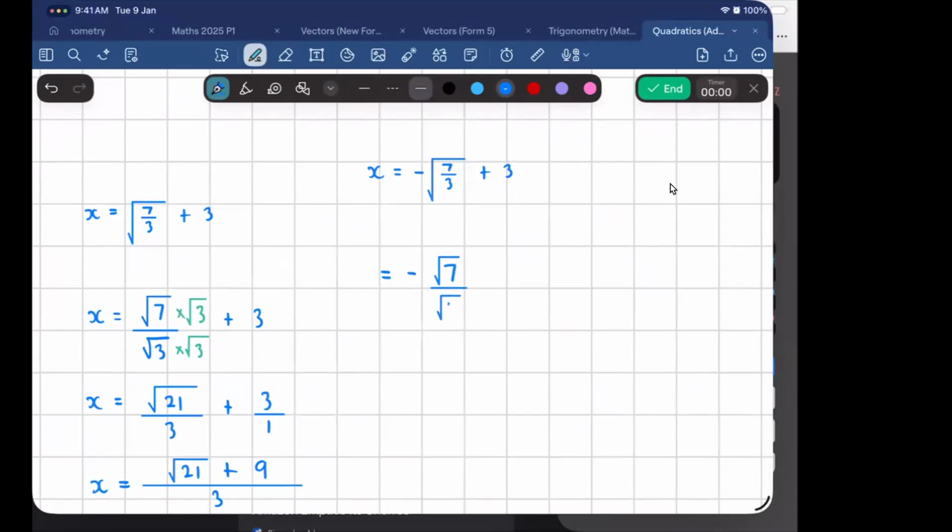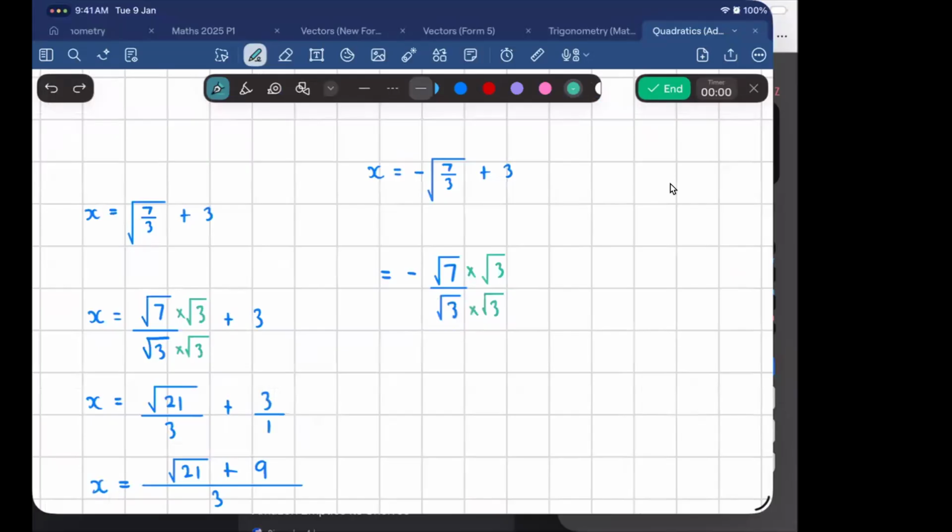Now if I want to get rid of the square root from the denominator, I will need to multiply by root 3 in the top and the bottom. Why am I choosing to multiply by root 3? I'm choosing to do that because I want to get rid of the square root in the bottom. That's what rationalize means. Rationalize means that you want to get rid of the square root sign from the denominator.